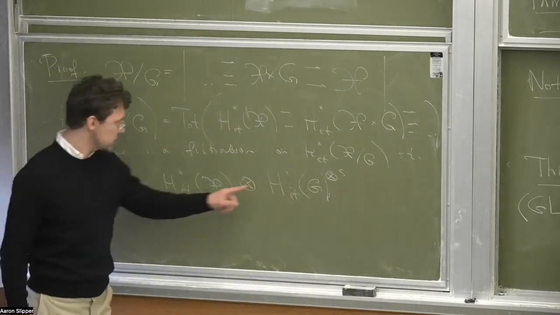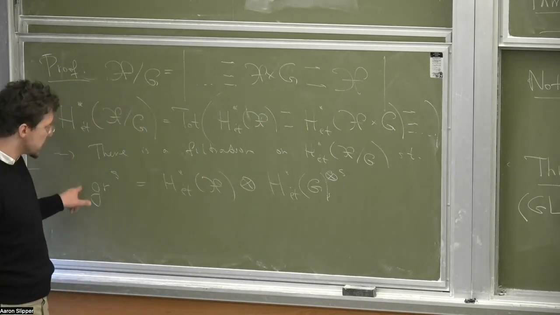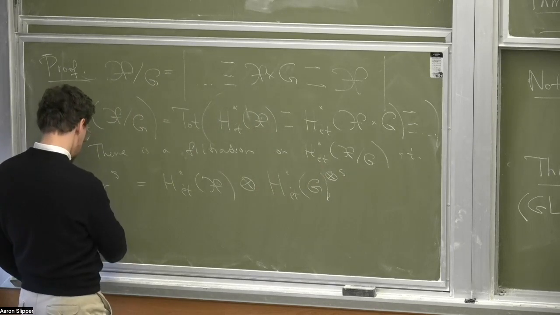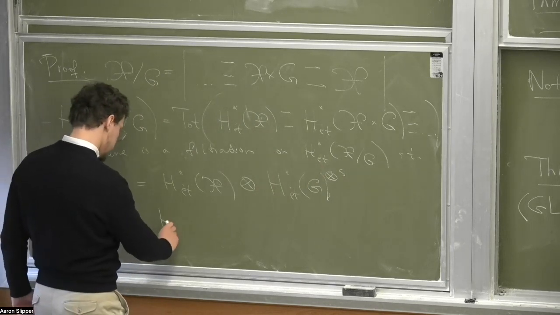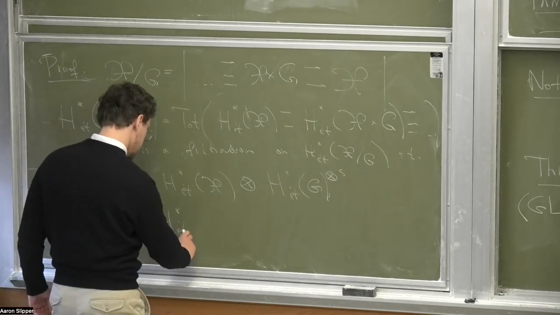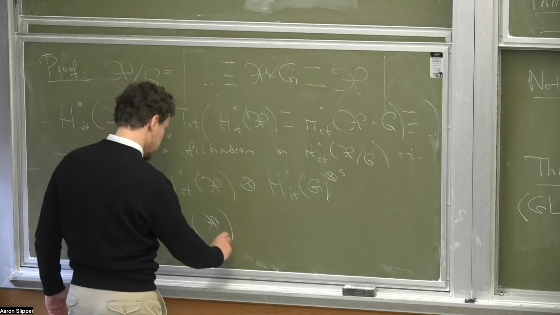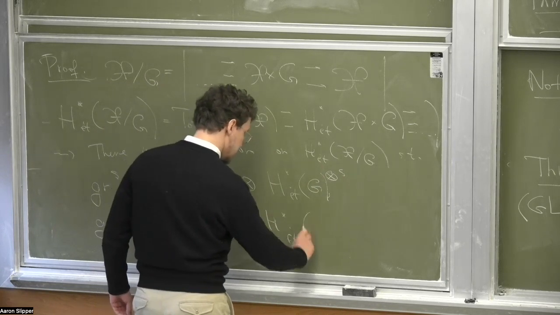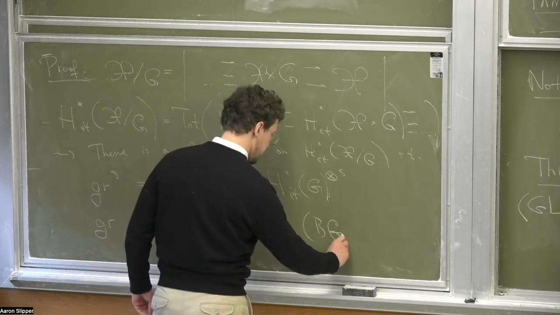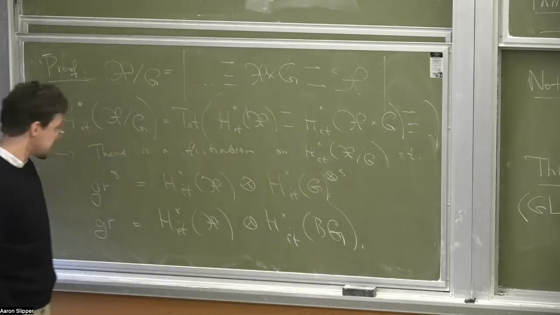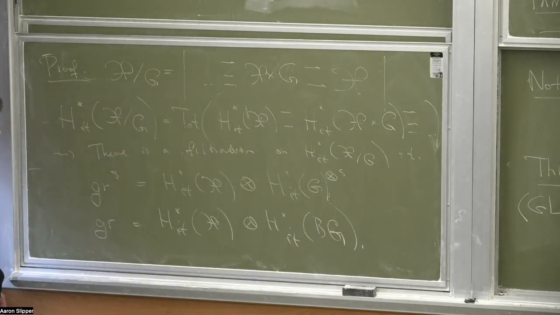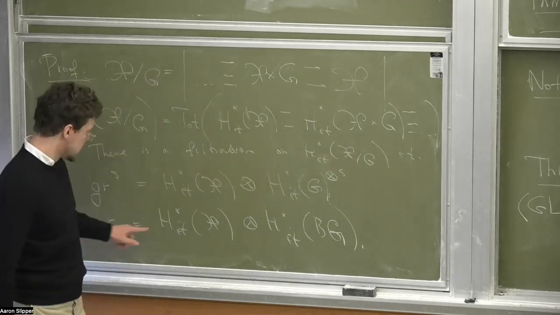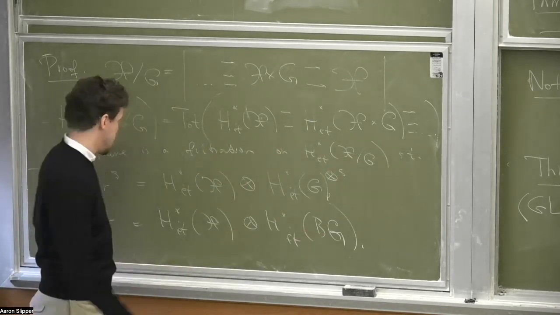Another way to say it is that when you sum over all s, taking the associated graded object, it's given by the tensor product of the homology of Φ times the homology of the stack BG. Right. Okay, so there is a filtration on this thing such that the graded pieces look like this.